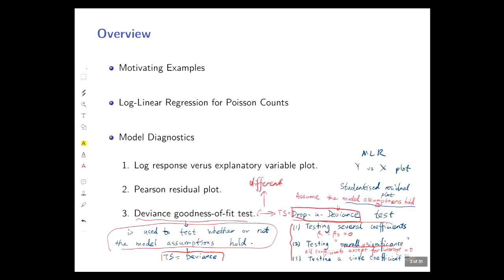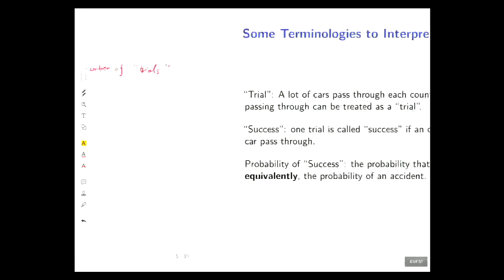Here's the difference: the deviance goodness of fit test is used to test whether or not the model assumptions hold, but the dropping deviance test is to test several coefficients under the assumption that all the model assumptions are satisfied. If the model assumptions are not satisfied, we can never use the dropping deviance test. So firstly, we need to use the deviance goodness of fit test to test the model assumptions.